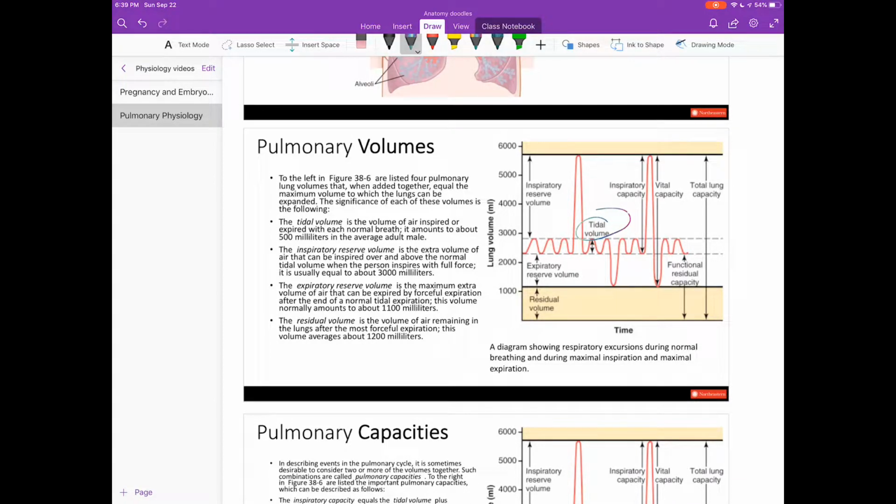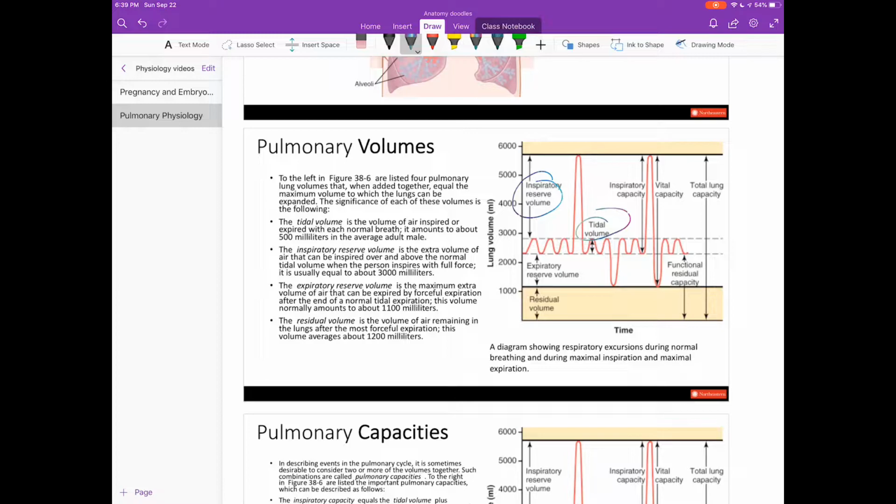You'll also notice that there's an inspiratory reserve volume, and that is if you were to take a forced inspiration, the maximum you could inspire is about 3,000 milliliters, a little under 3,000 milliliters. So the complete volume that the lung could go to is a little under 6,000 milliliters.